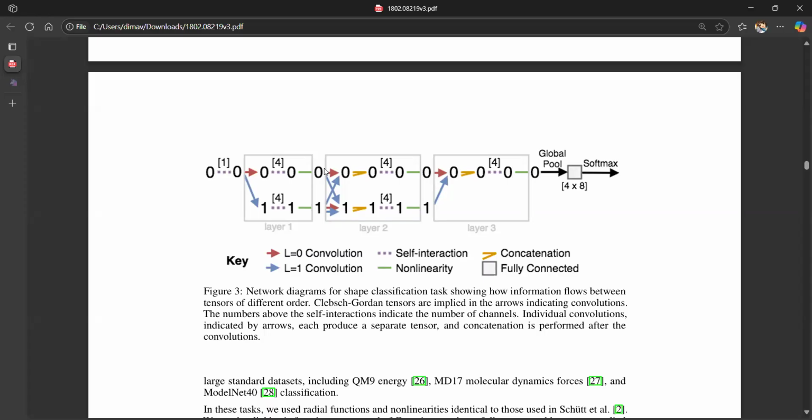All they had to do is have an example where you have on the input a scalar and a vector, and then show exactly how you are going to construct the architecture such that the output of this network is a scalar. It can be a very complicated scalar, a function of different contractions of vectors, but at the end of the day, a nonlinear function of scalars.